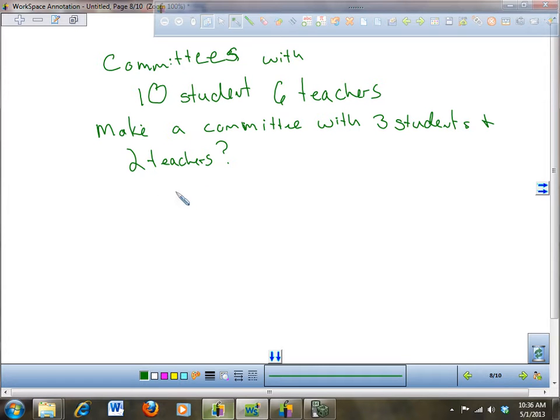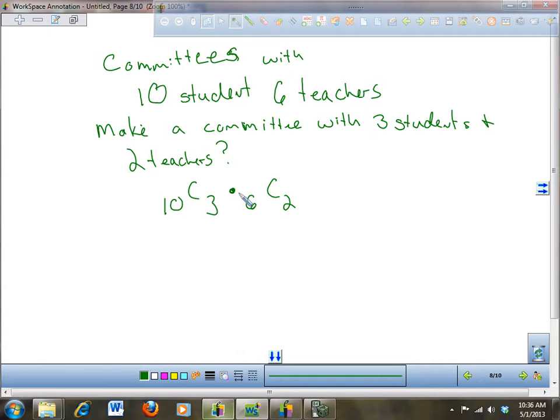So for the student committee, what would that look like? Is that a combination or a permutation? Combination. So you have 10 combination 3. And then you're going to times that by how many teachers? 6 combination 2. See?